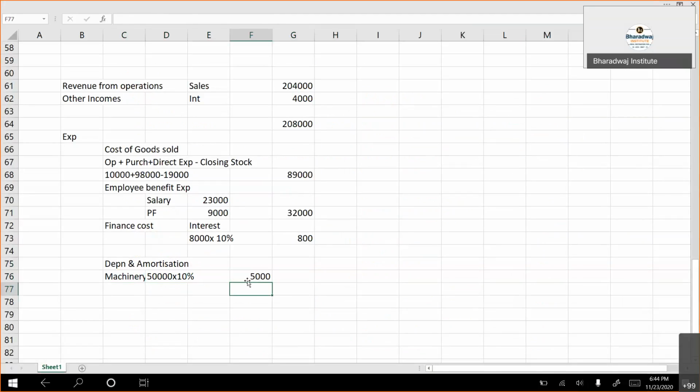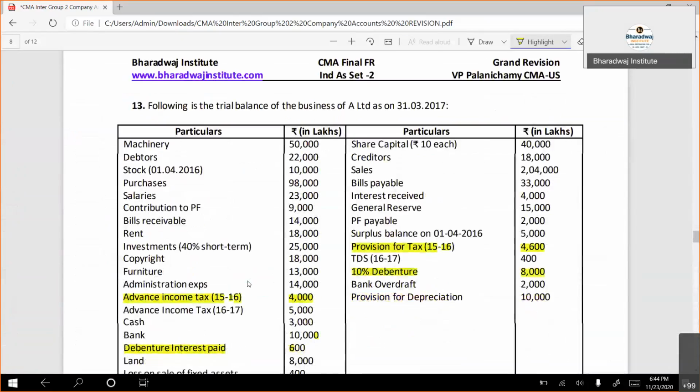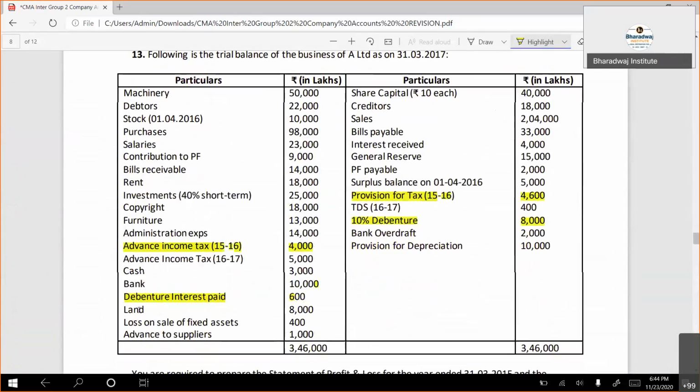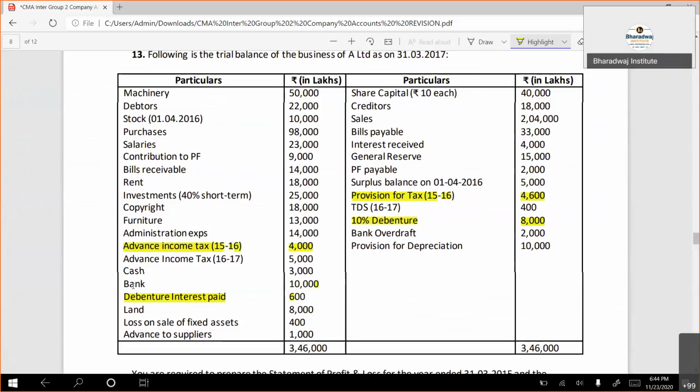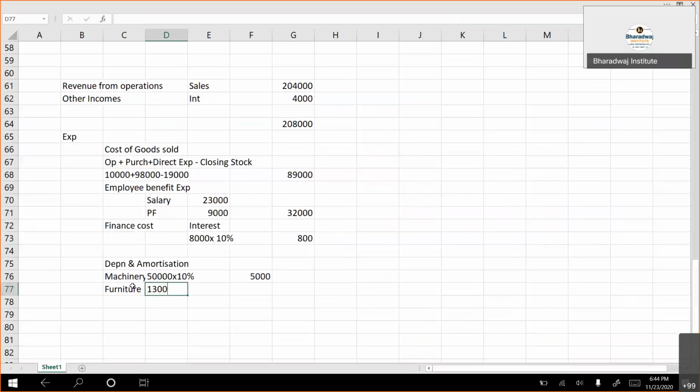Then what are the other assets for depreciation purpose? Fixed asset? Don't depreciate land. Furniture, how much? 13,000 into 10%, 1,300. Then amortization of which one?